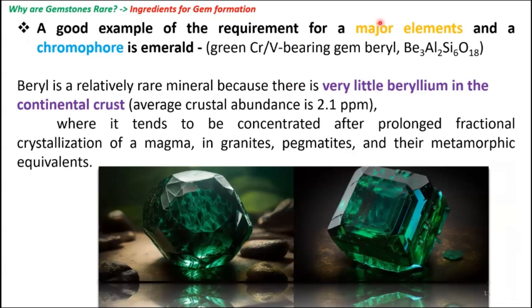Let's consider this particular example to further understand the role of ingredients. Emerald is a type of chromium or vanadium bearing gem beryl. These are the essential constituents of beryl, but the coloring agent is chromium or vanadium, which are available as impurities.